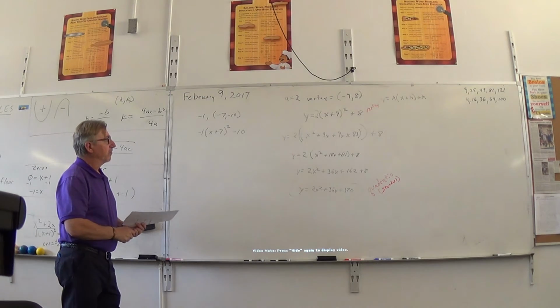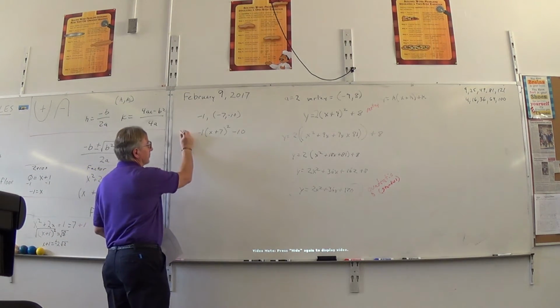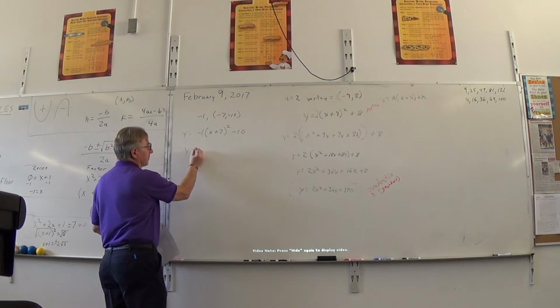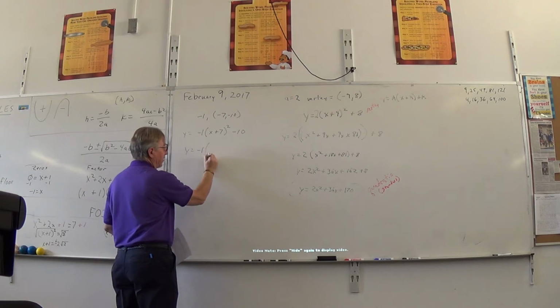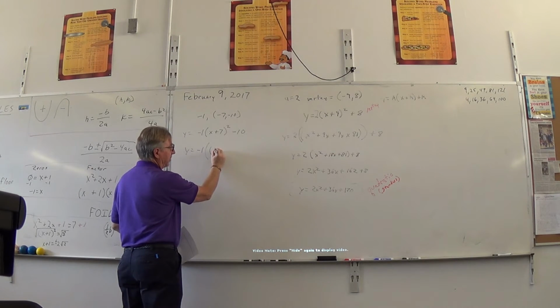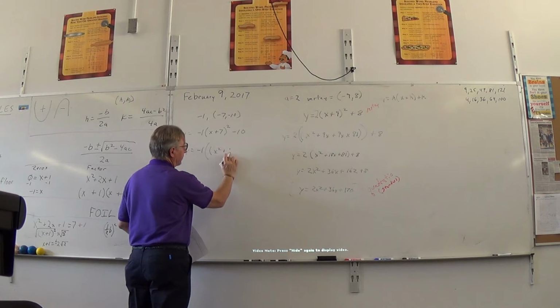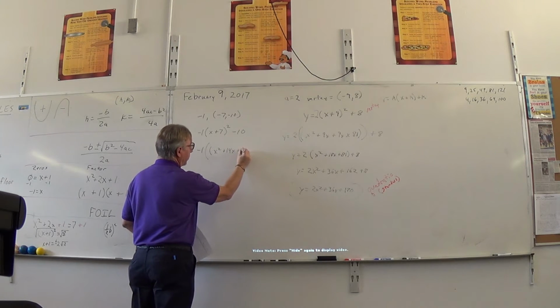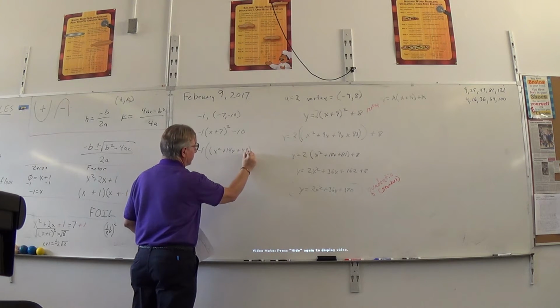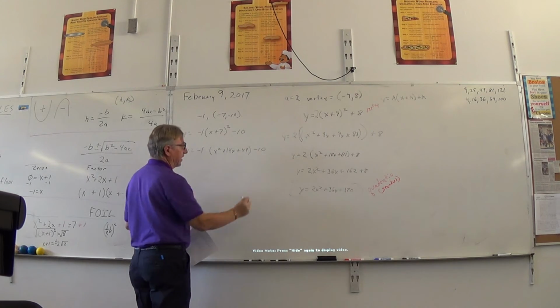So now we do the same thing I did over there. The negative 1, and then I have x plus 7 squared, which is going to be x squared plus 14x plus 49 minus 10.